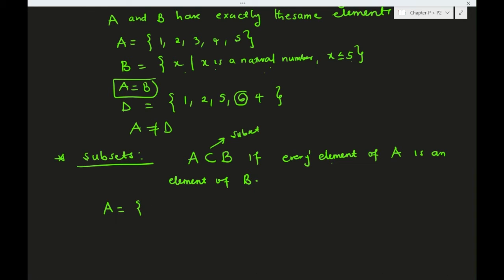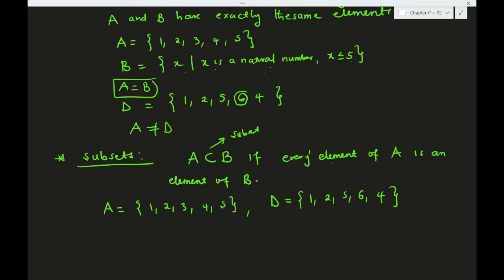So an easy example is this one. Let's say we took A. Remember we said our A is 1, 2, 3, 4, 5. Let's maintain the same A, and now let's maintain the same D. Let's say D is 1, 2, 5, 6, and 4.